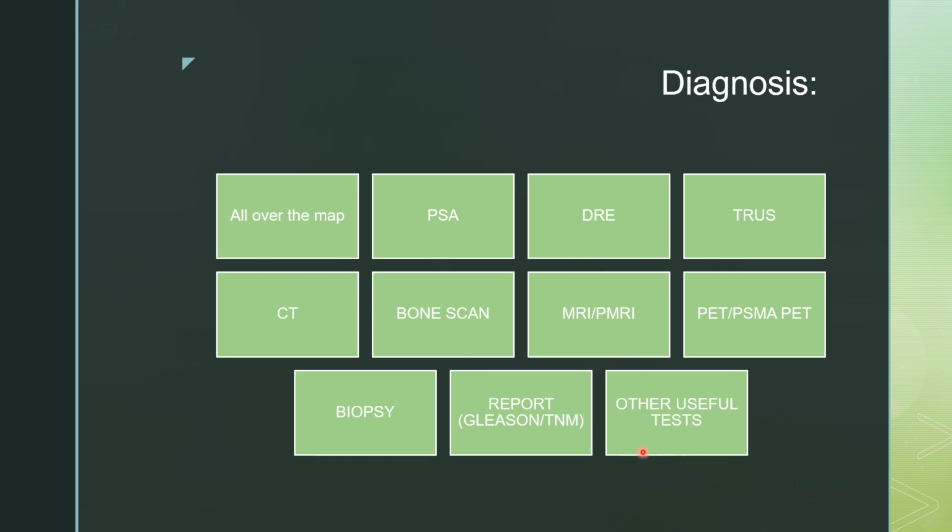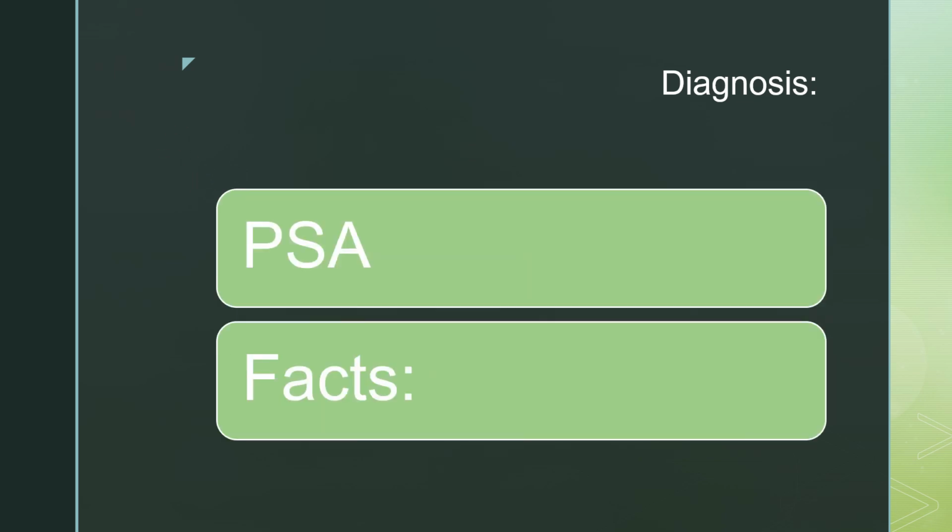So with that in mind, let's go and find out how your uncle, your brother, anyone, grandfather, your dad, or yourself who have a definitive diagnosis of prostate cancer. Now, PSA.